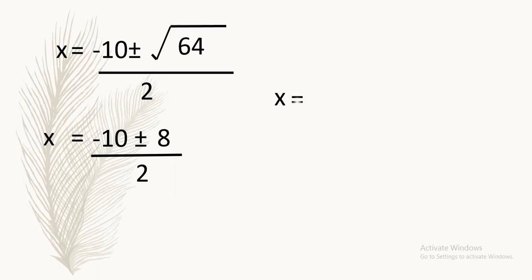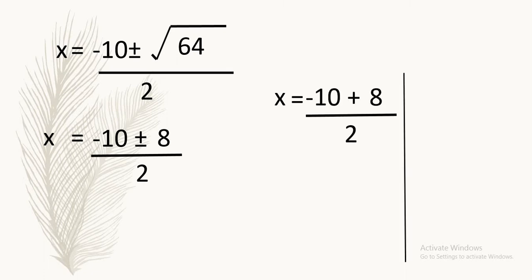So we have negative 10 plus 8 all over 2, and negative 10 minus 8 all over 2. With this, we are expecting two real solutions or roots.